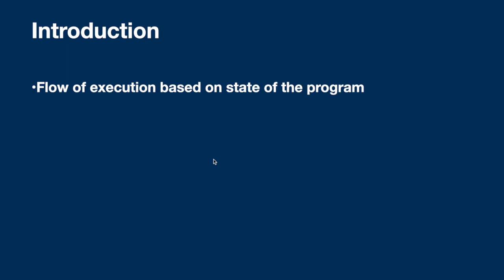When we say the state of the program, we use variables, and the state of those variables will be used to control statements in monitoring or designing the flow of execution of the program or the code.